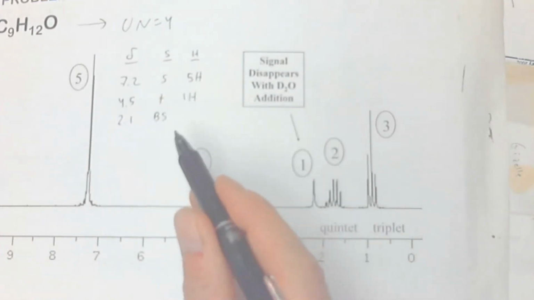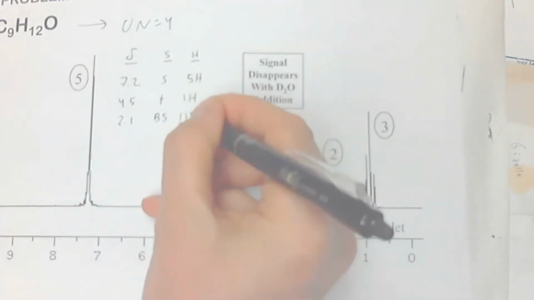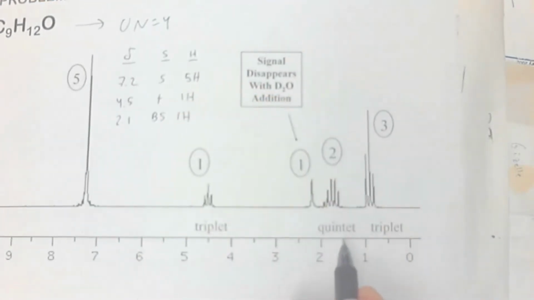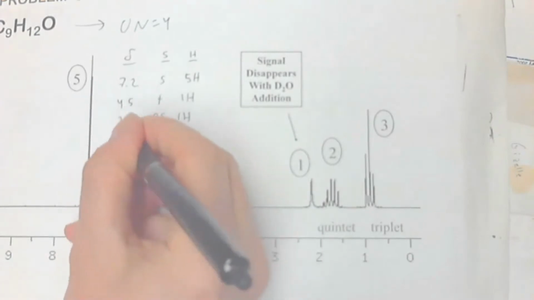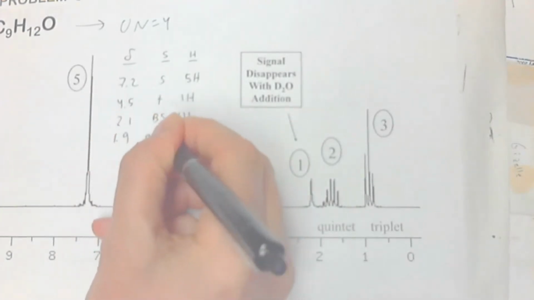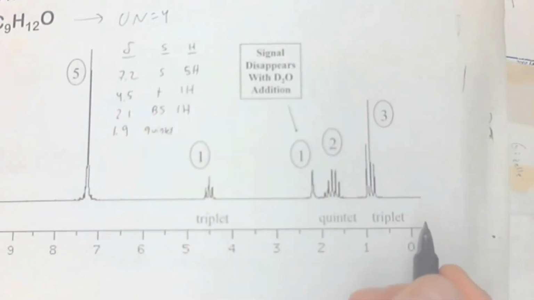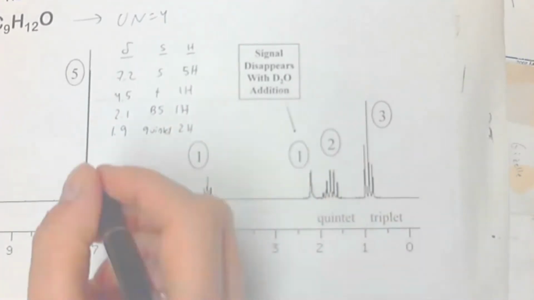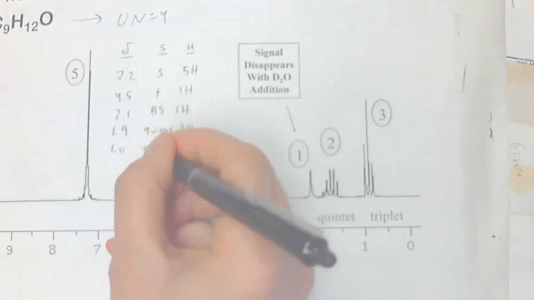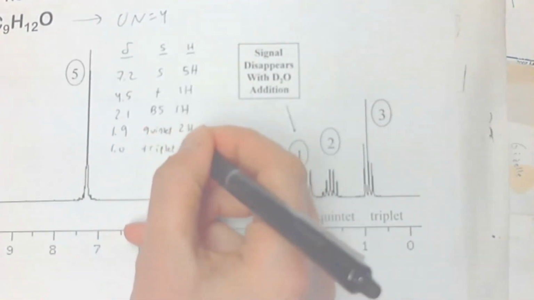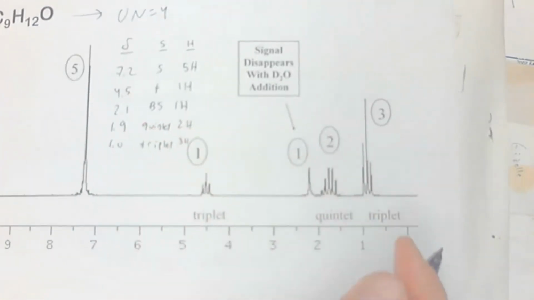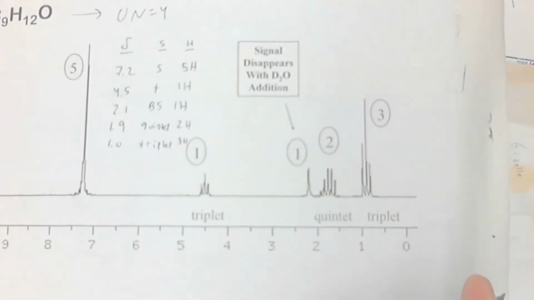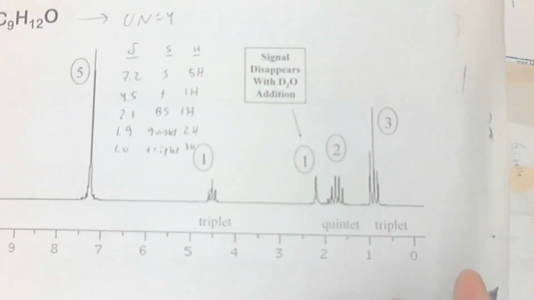So I say BS for broad singlet. 1. Quintet. 1.9. Quintet. 2H. Triplet at 1.0. Triplet. Okay. Is my table right? I think my table's right.